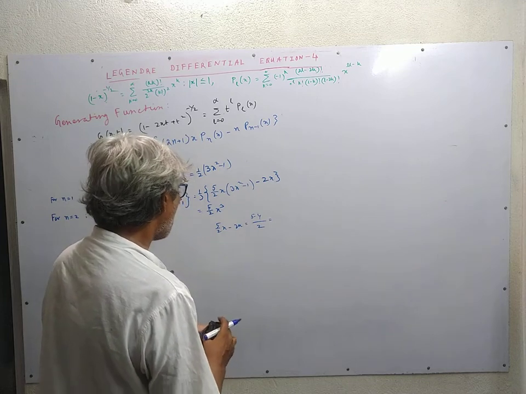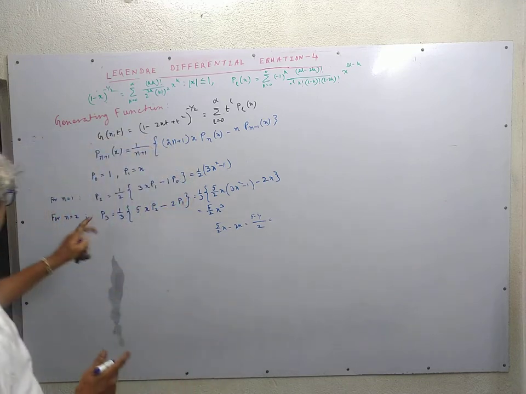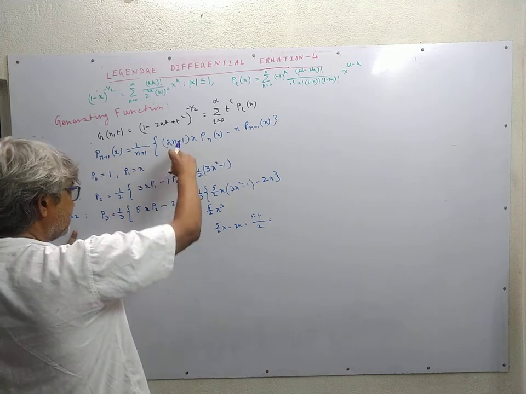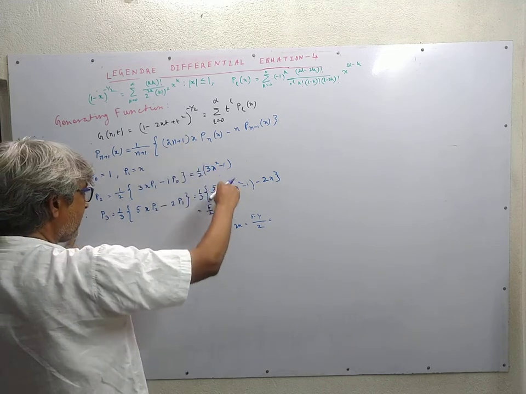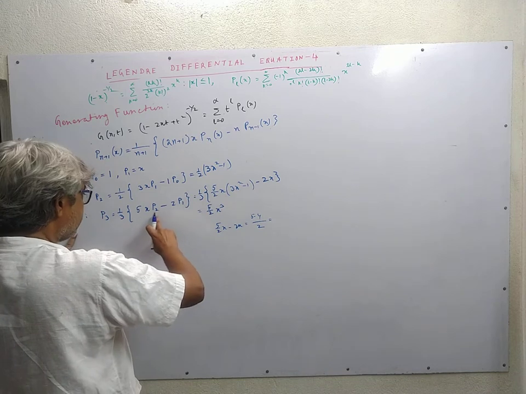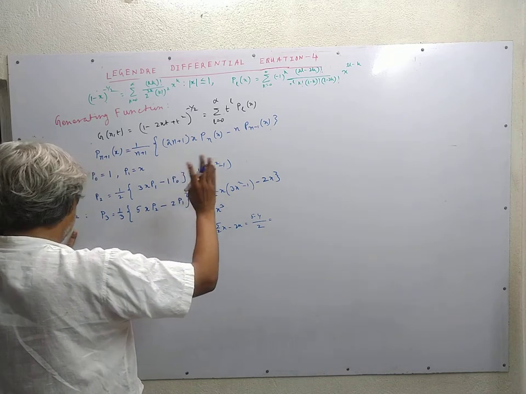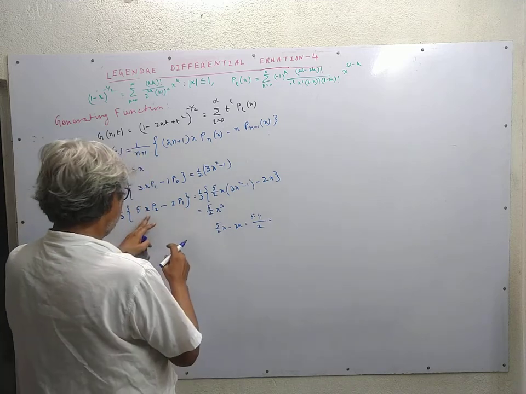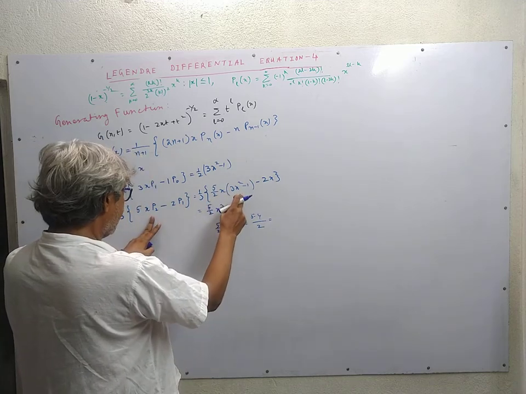I've done something wrong. Let me check. For n equal to 2, this is 1/3 times 5x P2 minus 2 P1, so it's okay. For P2 we write this one.